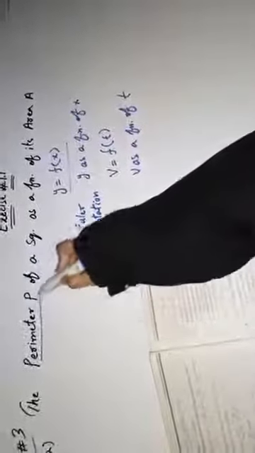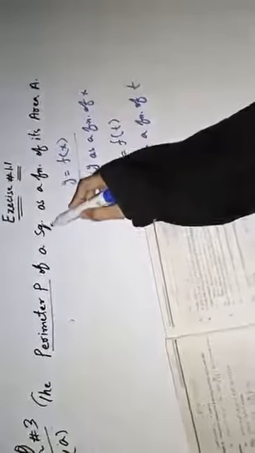First understand the terms: perimeter p of any square as a function of its area. There are two things, the perimeter p of any square and its area.